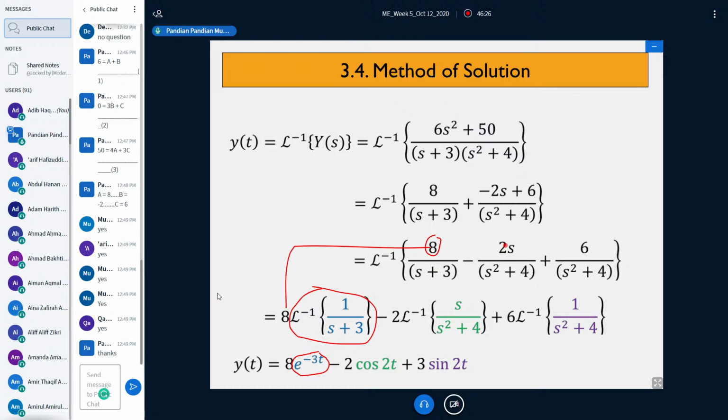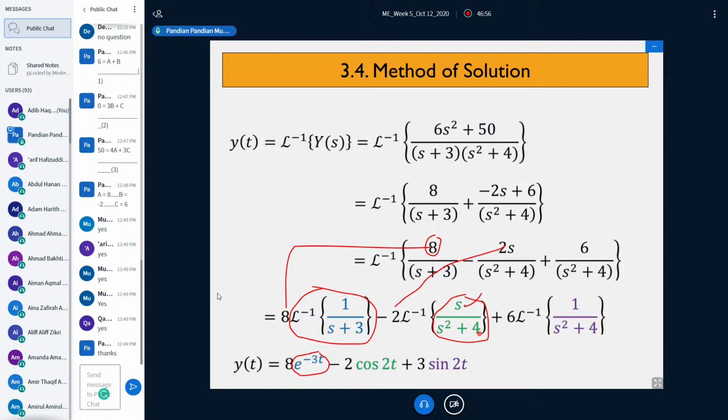Now, minus 2, this 2 take out, put it here. Inverse Laplace of s over s squared plus 4. S over s squared plus 4, you look at the table, equation number 5. Cos kt equals inverse Laplace of s over s squared plus k squared. So this is cosine. Cos kt is inverse Laplace of s over s squared plus k squared because there is s here.